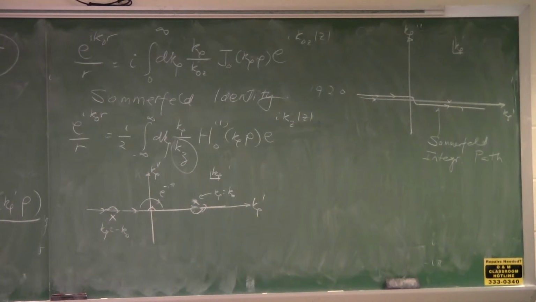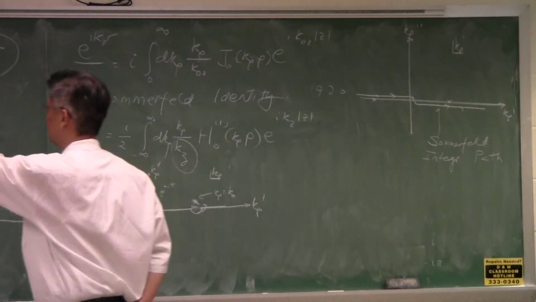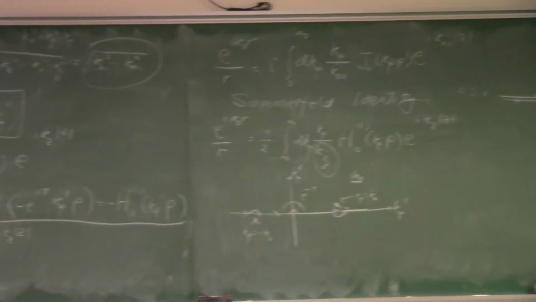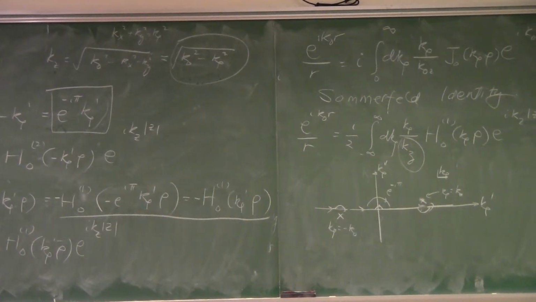Say you write a computer program to do the integration of this integral. You evaluate kz or k naught c. It turns out that you have to take the square root sign, and it gives you some trouble, right? Because a computer program can come up with a plus or a minus sign. You have to tell the computer what branch to take of the square root. It gives you a dilemma as to what you should do.